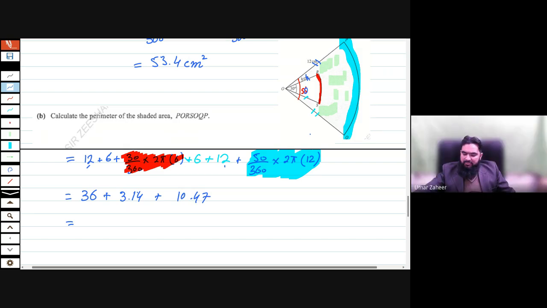24 plus 12 is 36, plus 3.14, plus 10.46.